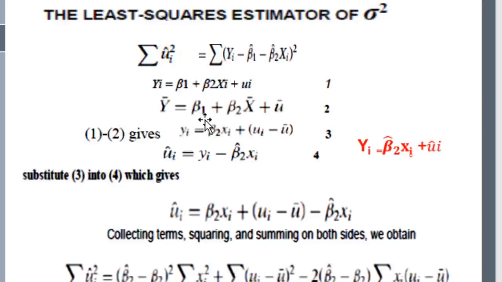Beta 1 minus beta 1 is 0. Then beta 2 xi minus beta 2 x bar, beta 2 can be common. Then beta 2 into xi minus x bar. That is, xi minus x bar can be written as small xi. Beta 2 xi. Then the remaining portion is ui minus u bar.